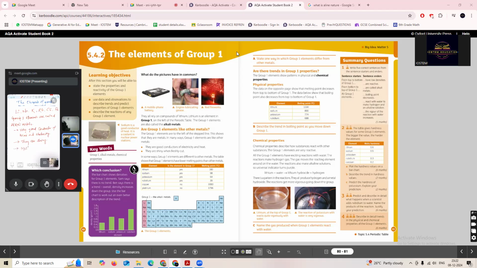Let me write elements and melting point.